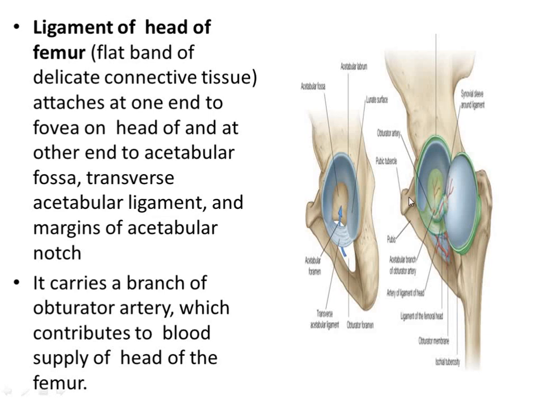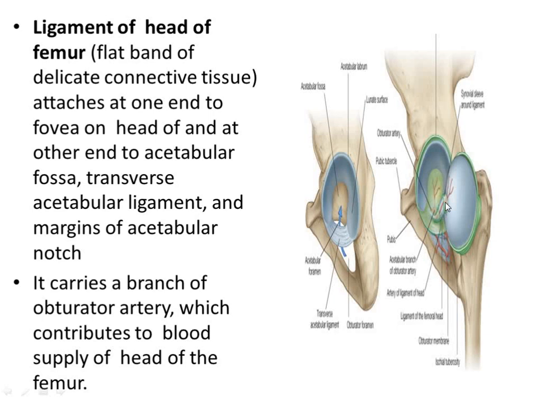The ligament of femur, ligament of head of femur, is basically a flat band of delicate connective tissue. It attaches at one end to this depression or the fovea on the head of the femur. Other end of this goes and attaches to the acetabular fossa, the transverse acetabular ligament, and the margins of acetabular notch.